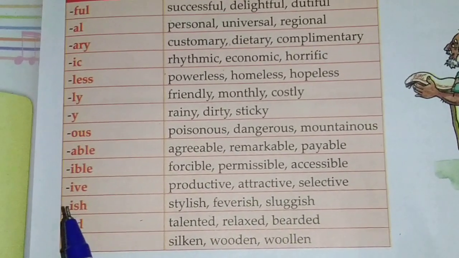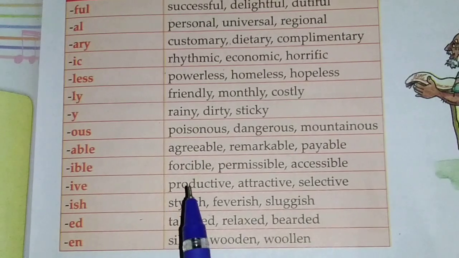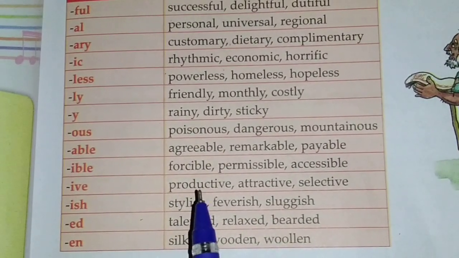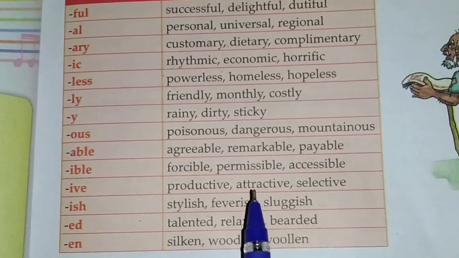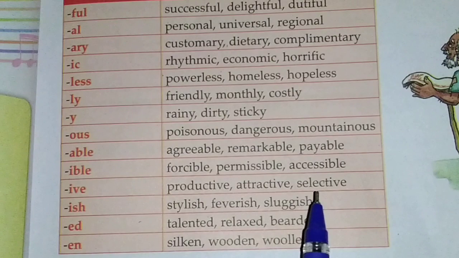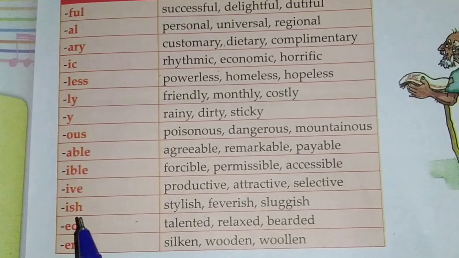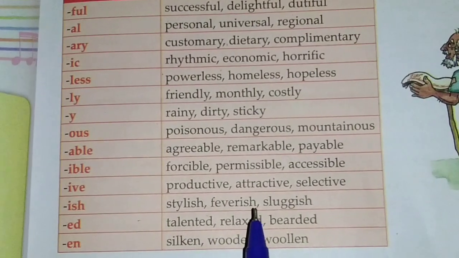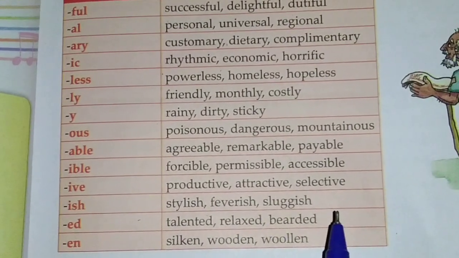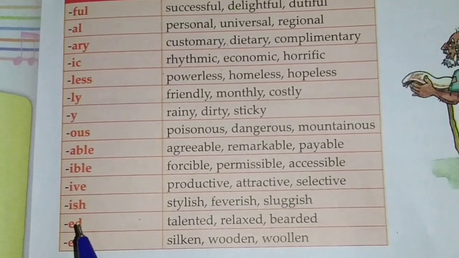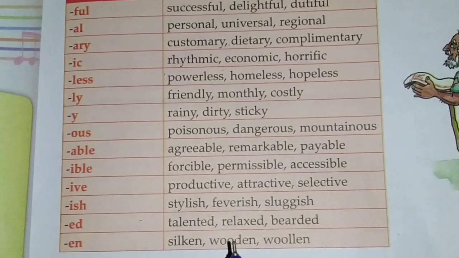Next one is by simply adding IVE. Examples are productive, the previous word was product, attract changes into attractive, select changes into selective. ISH, examples are stylish, feverish, sluggish, etc. Next one is ED. Simply adding ED, we can form adjectives.